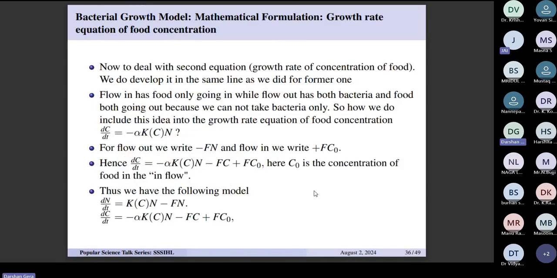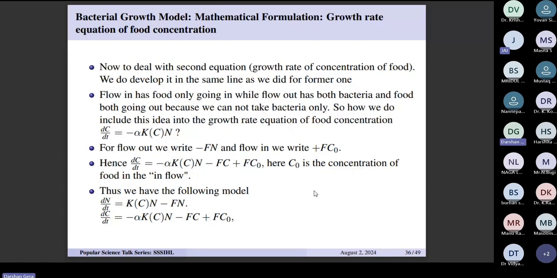Similarly, the rate of change of food concentration is modeled as dC/dt equal to minus alpha Kcn. How much the concentration gets lower, that much bacteria will be growing. You are providing food into the tank and food is getting out.